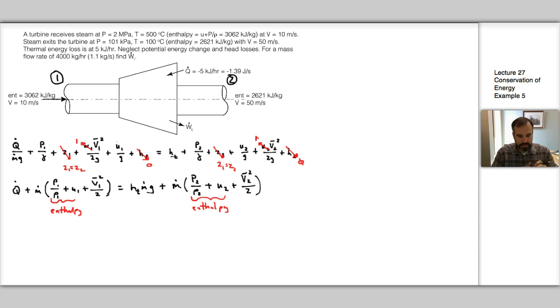Okay, so now we can actually plug in everything and solve for WT. And so you're probably asking yourself, so where is WT? Well, remember from our definition of WT that this term here, H sub T M dot G, is WT dot. So this is what we're interested in solving for. All right.